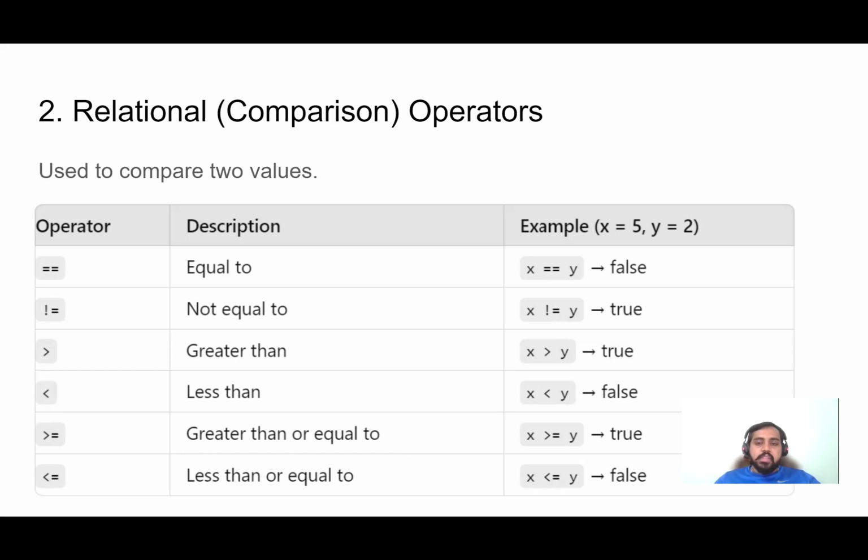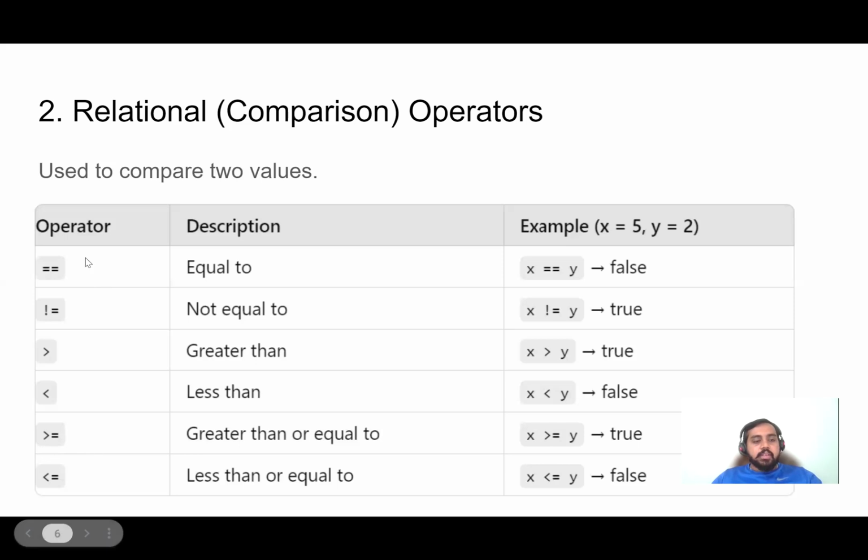Suppose x is equal to 5 and y is equal to 2, and you apply the equals to operator, which is nothing but double equals. It will compare whether x is equal to y. If it is equal, it will give true, otherwise it will give false. Similarly, we have not equal to, greater than, less than, greater than or equal to, and less than or equal to.